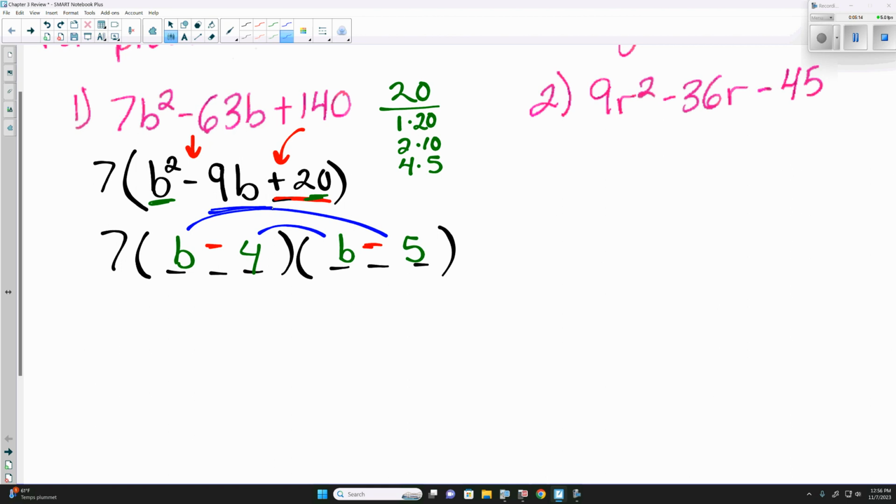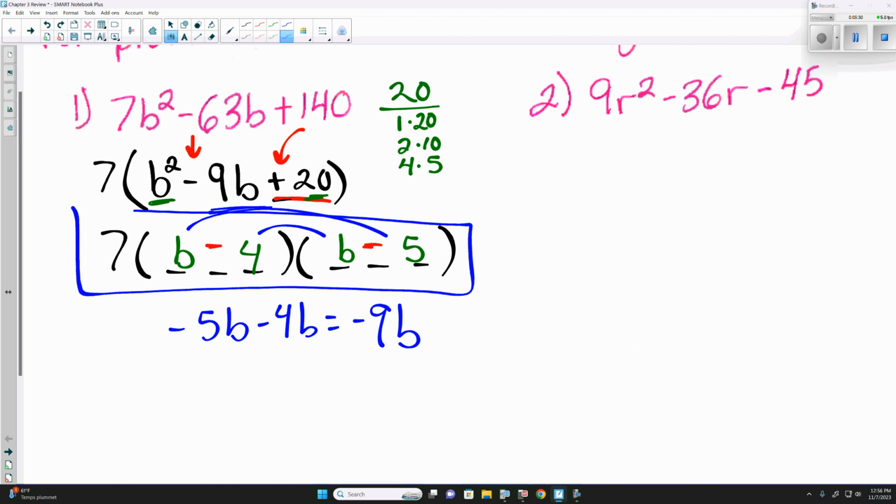So b times negative 5 is negative 5b. Negative 4 times b is negative 4b. And negative 5b minus 4b is negative 9b. Is that the middle term we wanted? So that's it there.